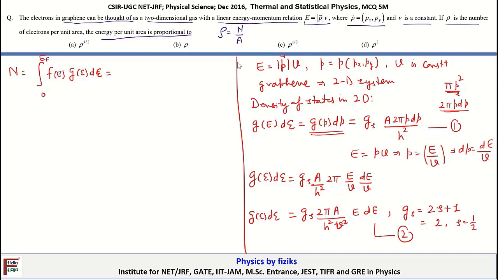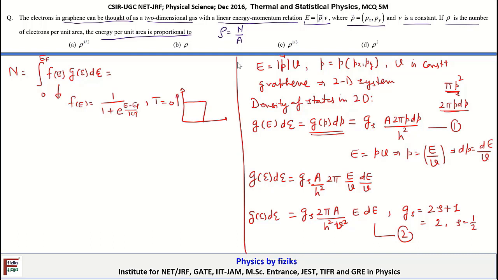So now recall that while we discussed the properties of this Fermi-Dirac probability distribution function, which is given by f(E) equal to 1 upon 1 plus exponential (E minus E_F) upon kT. When we talk about absolute zero temperature, the property of this function is such that its value is unity.